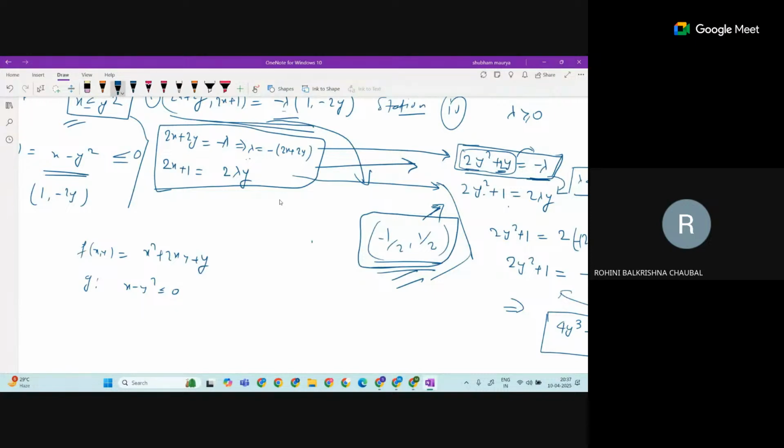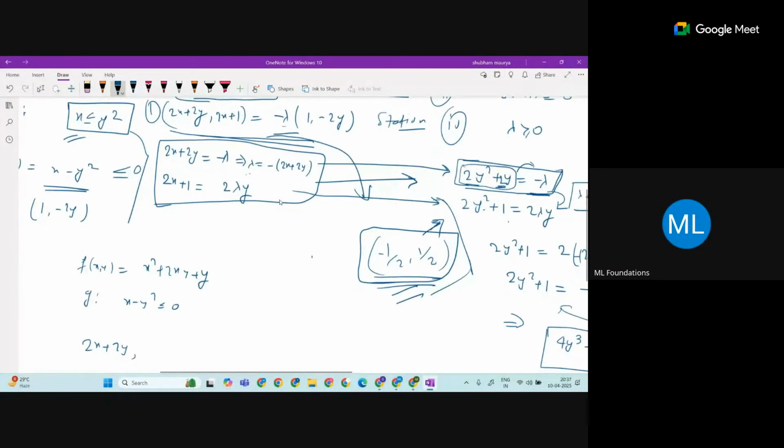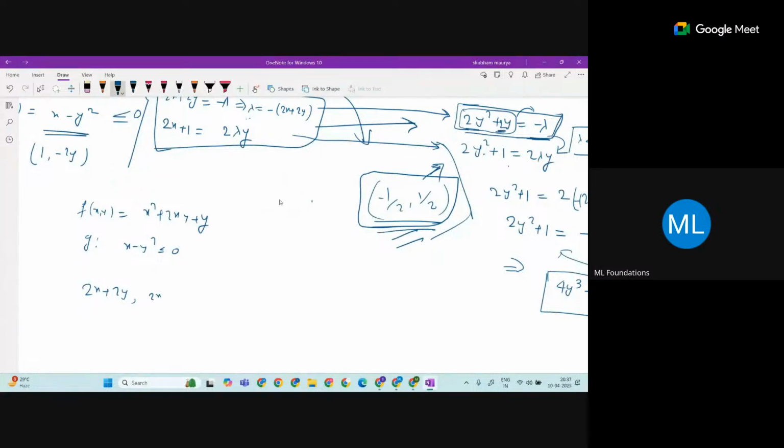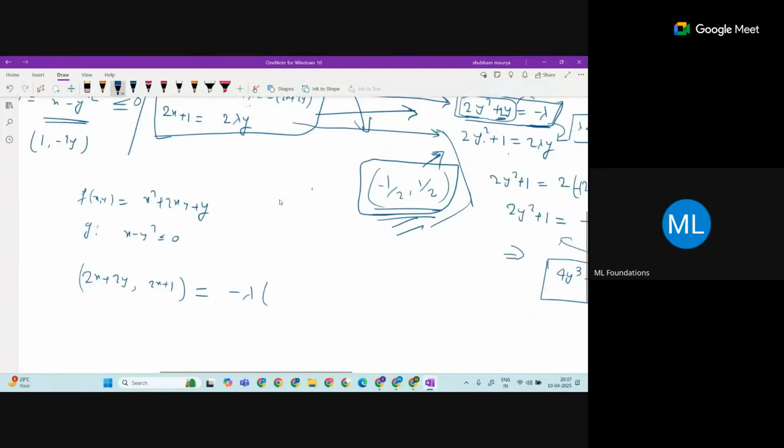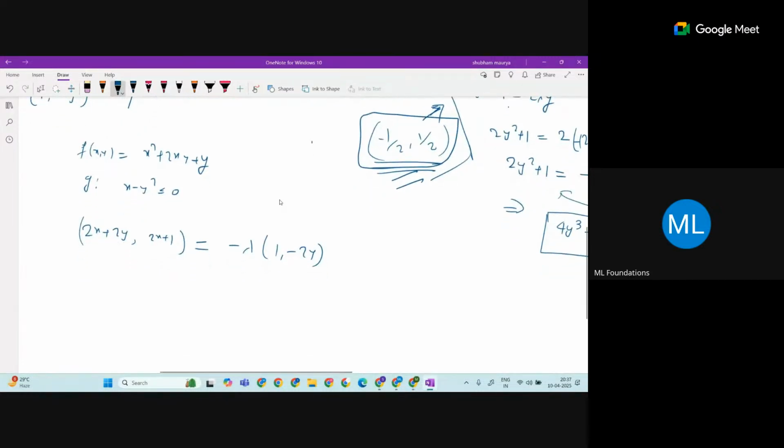So once we do the gradients here, we get 2x plus 2y, comma 2x plus 1, equal to minus lambda times gradient of g, which is 1 and minus 1 minus 2y. So now 2x plus 2y is equal to minus lambda, and 2x plus 1 is equal to plus 2 lambda y.